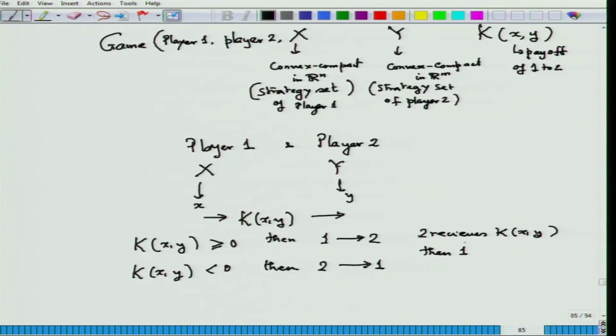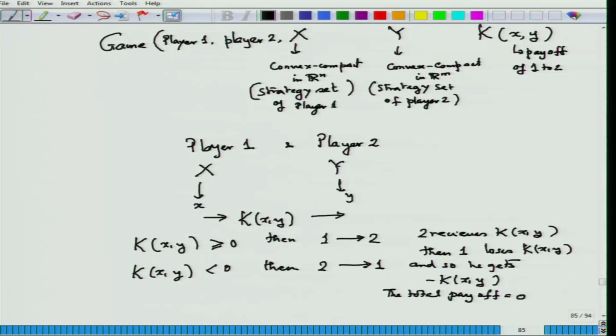These 2 and 1 are marking the players, player 1 loses kxy, and so he gets minus kxy. So, the total sum is 0, total payoff is 0, and that is exactly a 0 sum game.